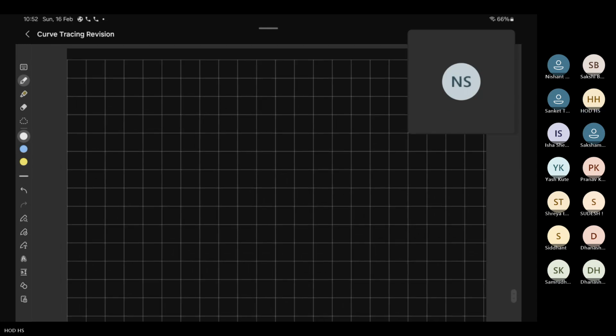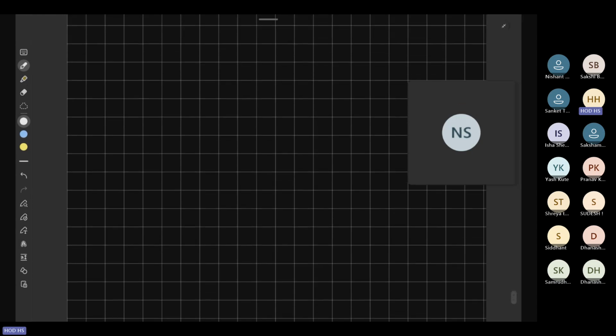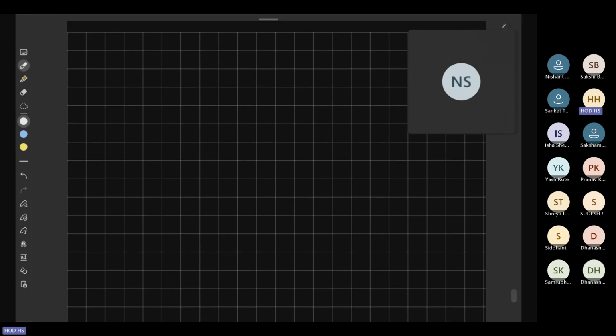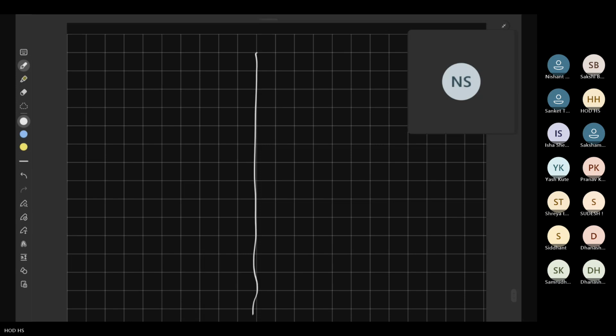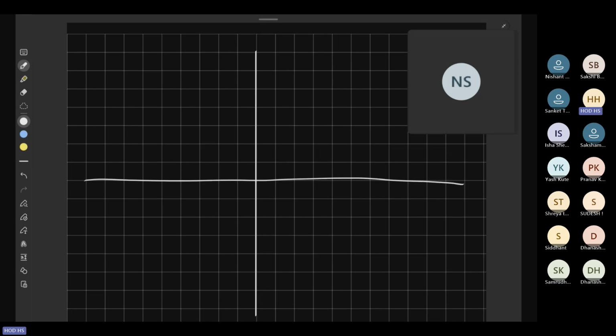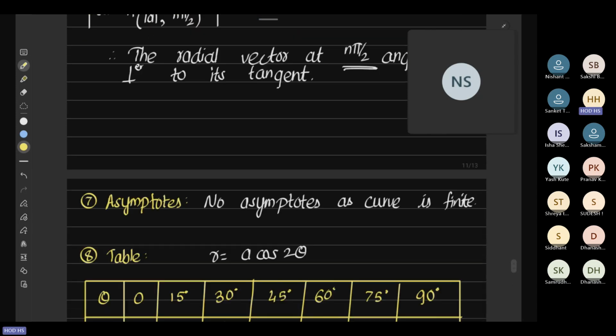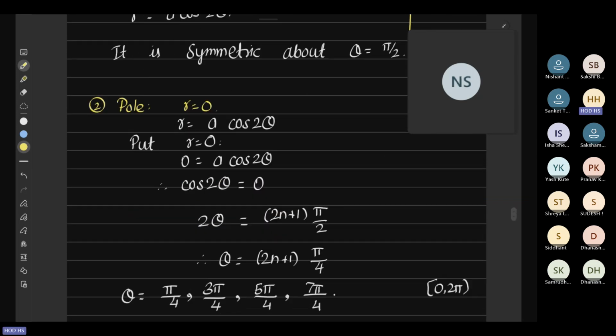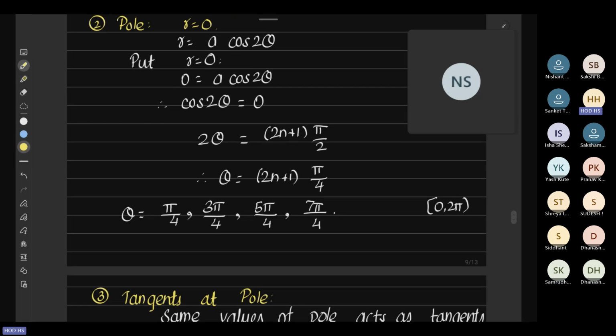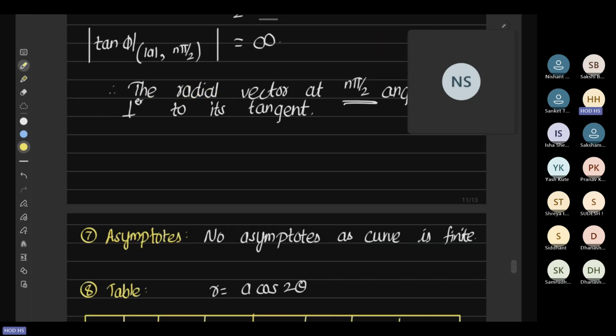So again, I'll just move up and I will draw my coordinate axis. So suppose this is my y-axis and this is my initial line, that is x-axis. So no need to name them. So first we need to calculate the poles or tangent at my poles. So notice that those were pi by 4, 3 pi by 4, 5 pi by 4, and 7 pi by 4.